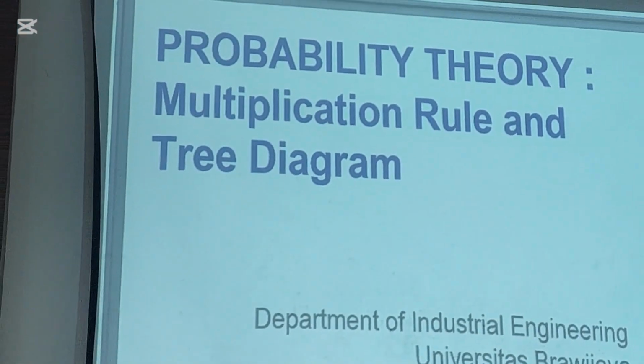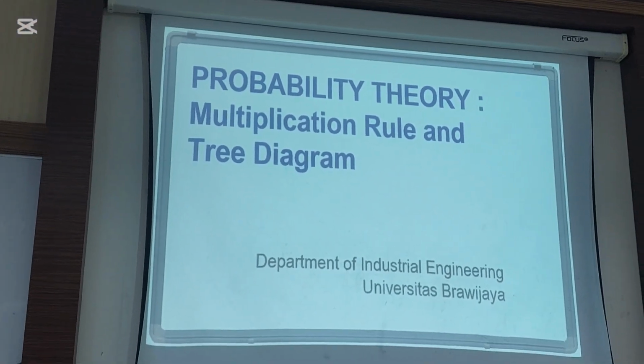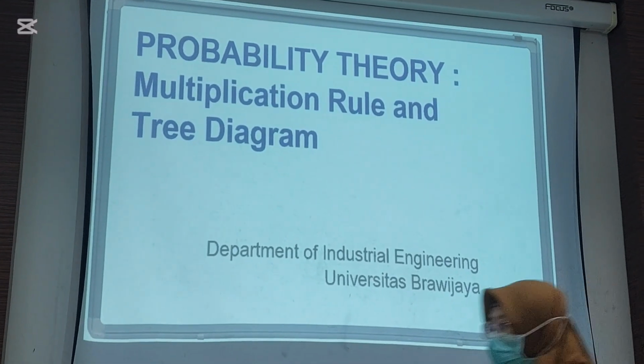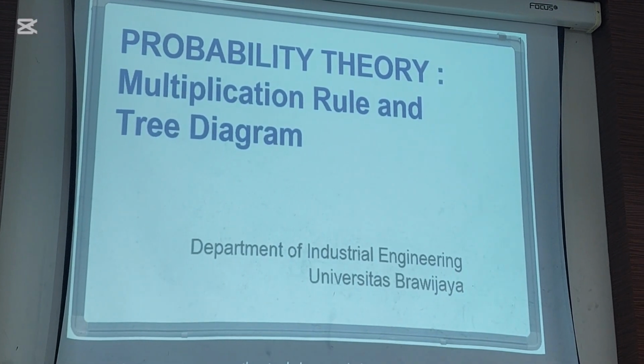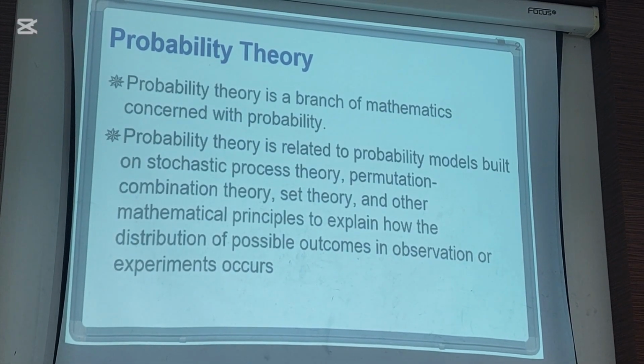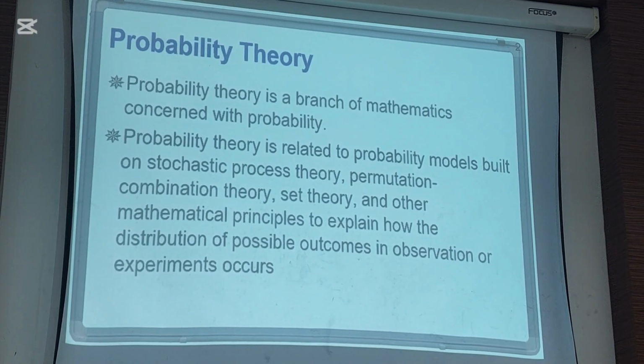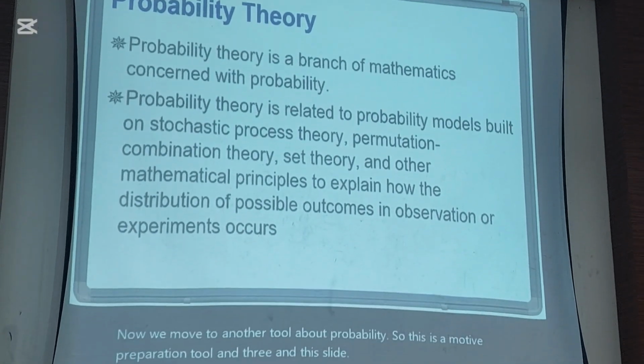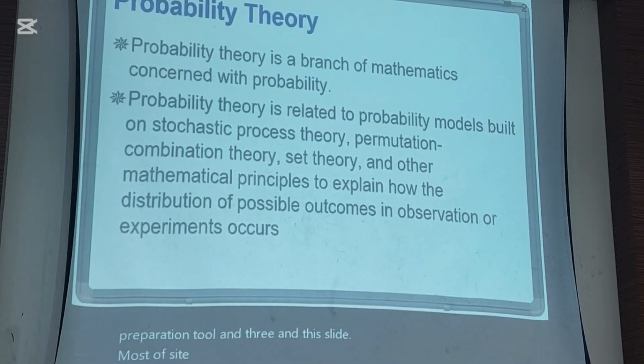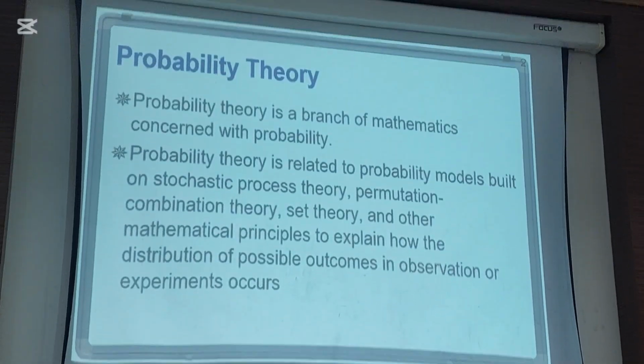Now we will do another rule about probability. So this is the multiplication rule and three derivatives. This slide, most of the slides in this module, the same video can be used.